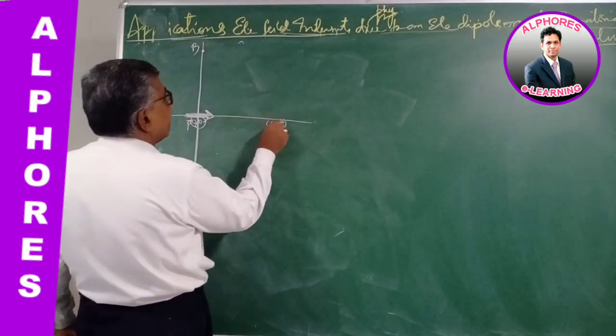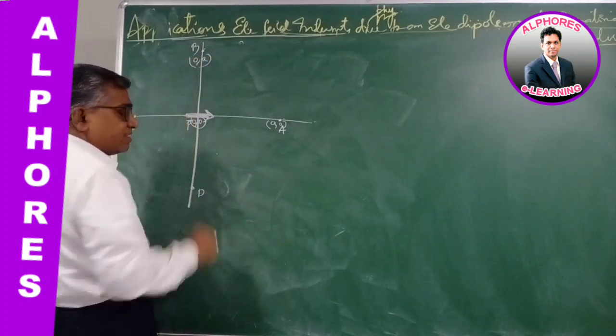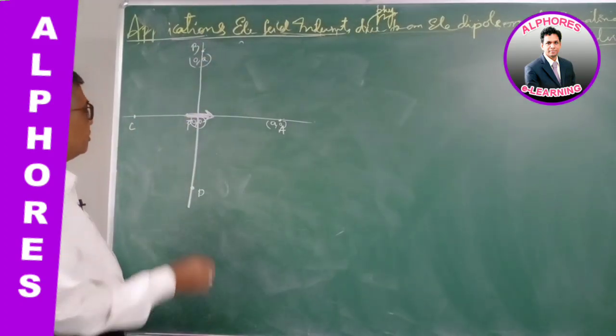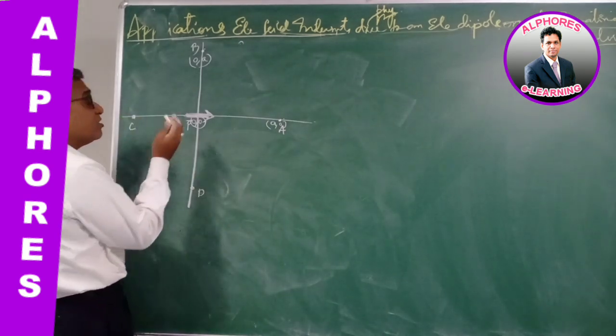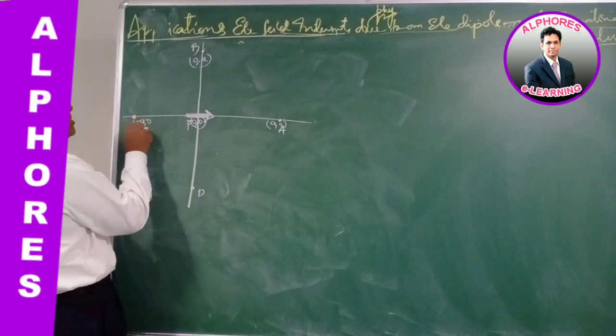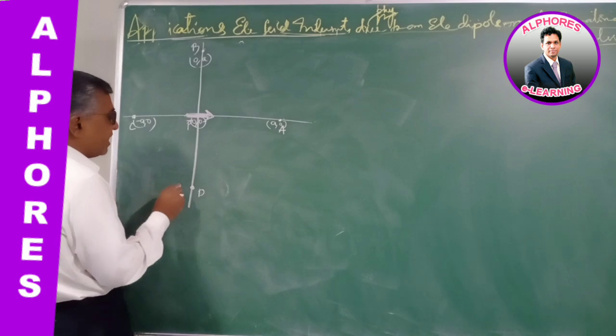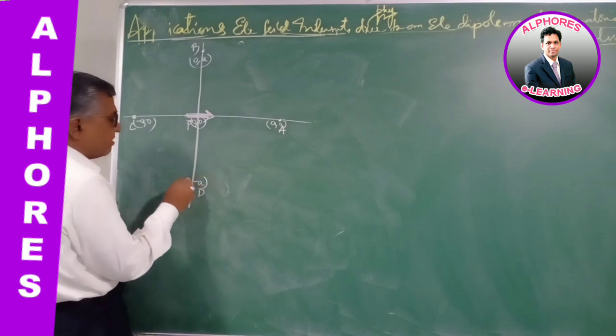Point A is a, 0. Point B is 0, a on the y-axis. The distance is the same. Point C is on the x-axis, but on the negative side, minus a, 0. And point D is on the negative y-axis, 0, minus a.